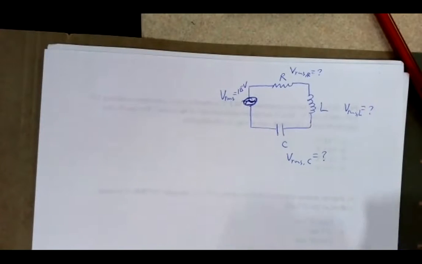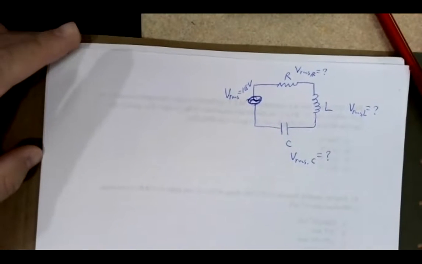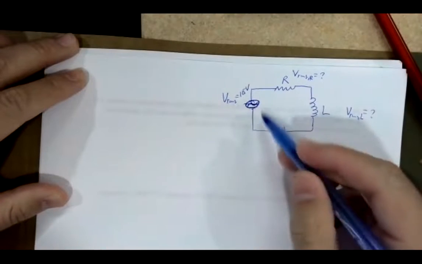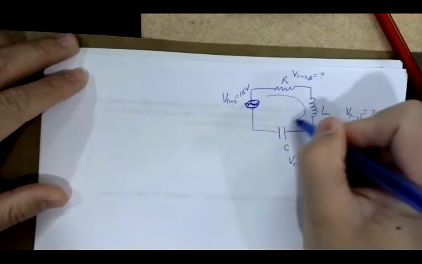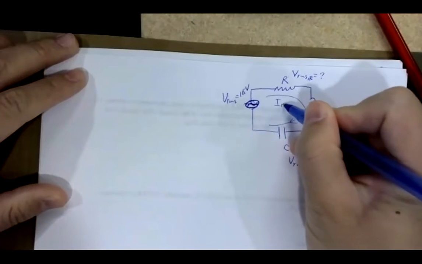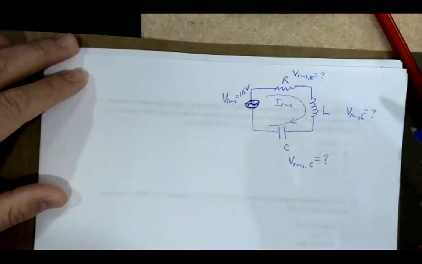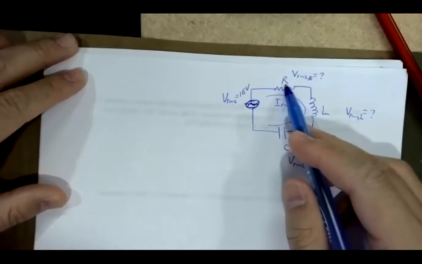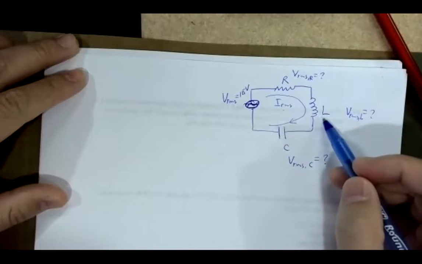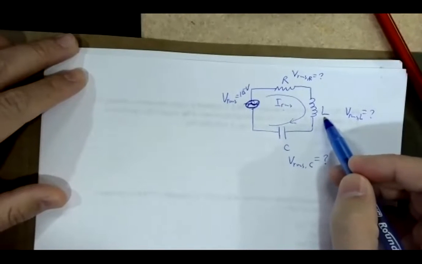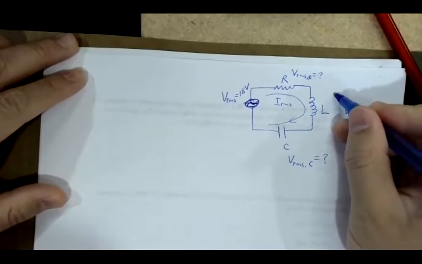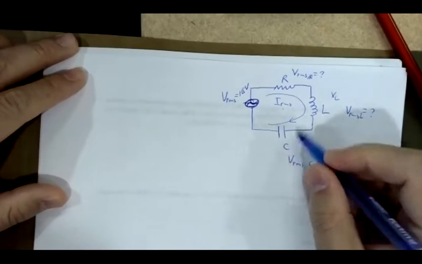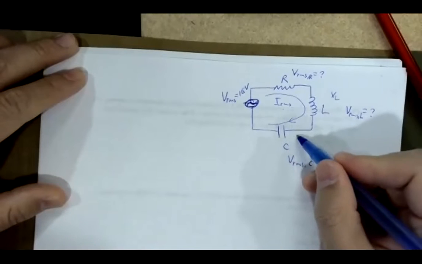To find those quantities, the first thing you need to calculate is the current in the circuit, because they are in series. So you figure out your IRMS first. Once you get that, VRMS of the resistor will be just I times R, VRMS of the inductor will be I times XL, and on the capacitor it will be the current RMS times XC.